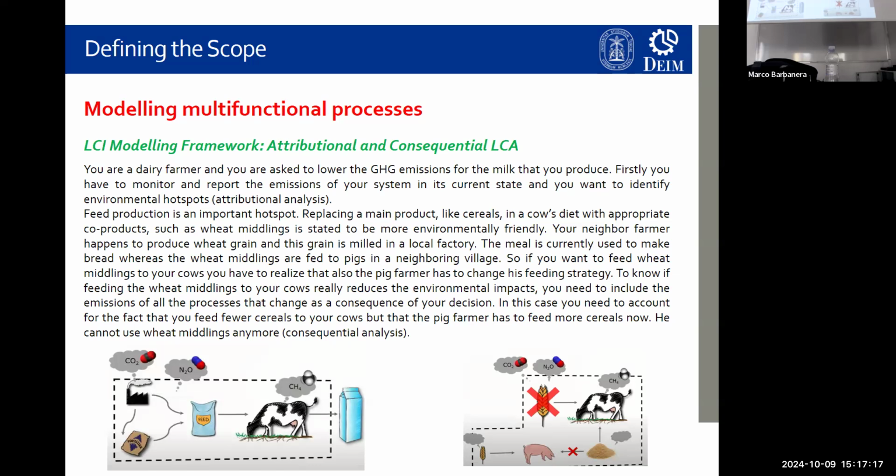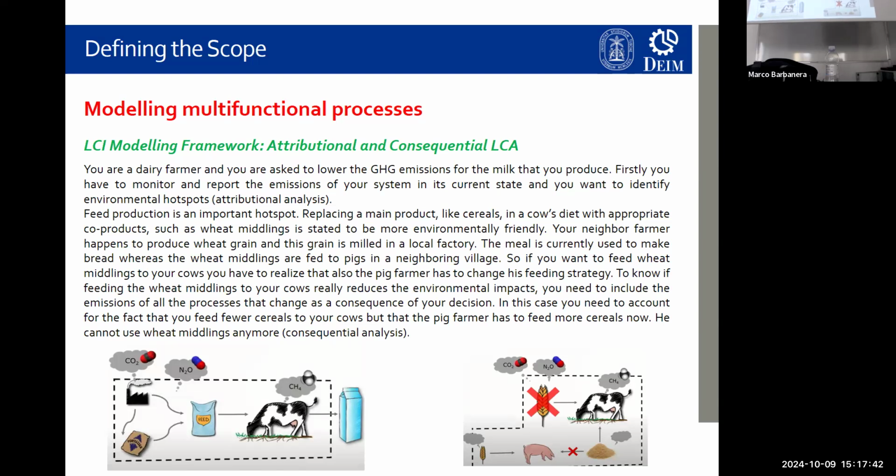Your neighbor farmer happens to produce wheat grain, and this grain is milled in a local factory. The mill is currently used to make bread, whereas the wheat middlings are fed to pigs in a neighboring village. Okay, this is the scenario.